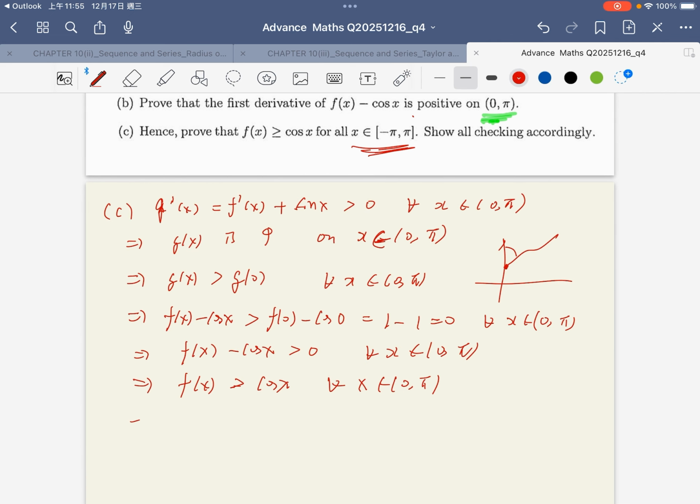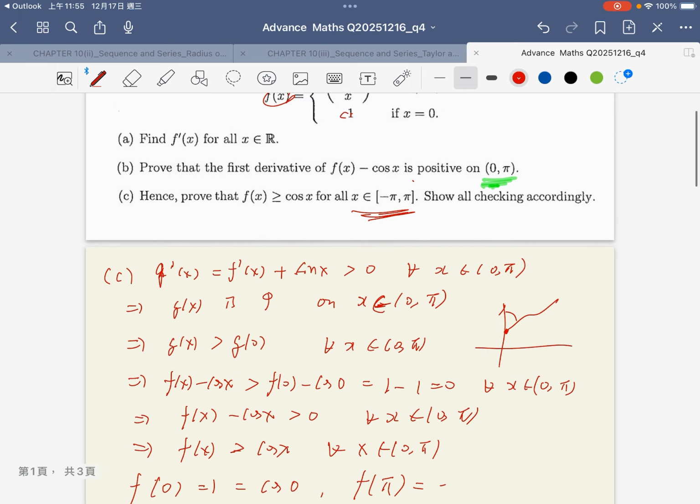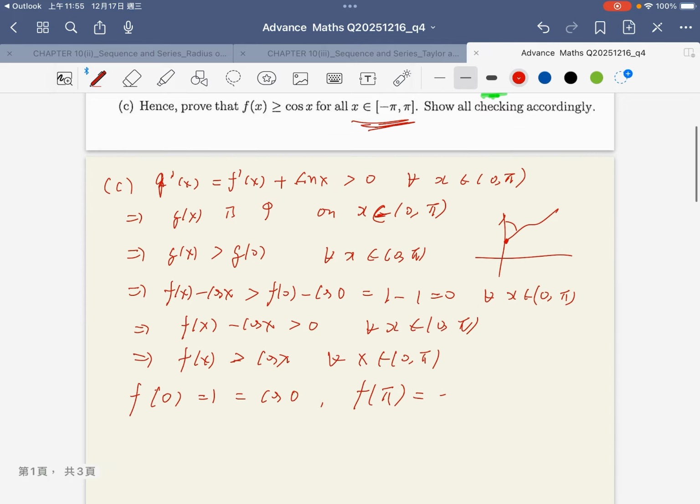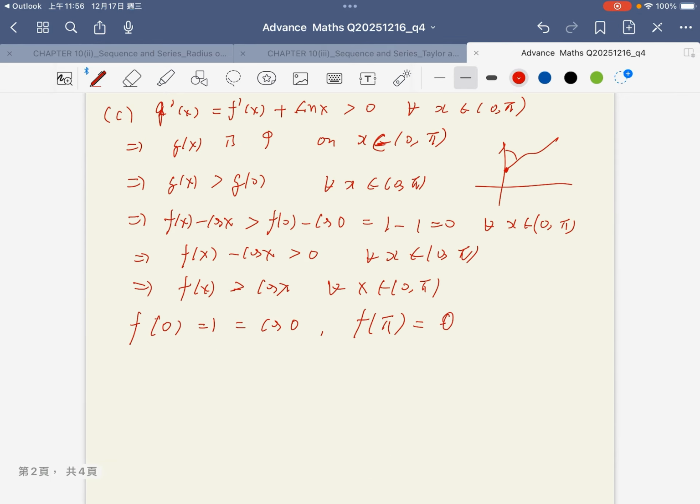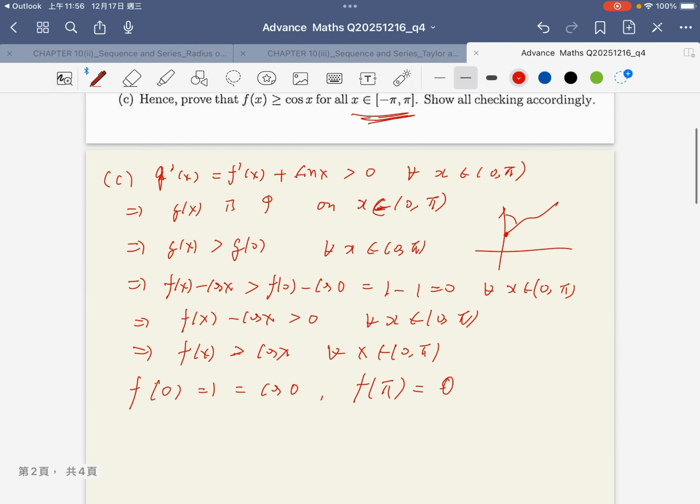Then now I prove f0. f0 is actually equal to 1, equal to cosine 0, and f pi equal to 0.